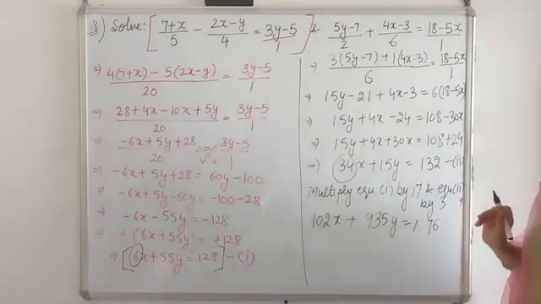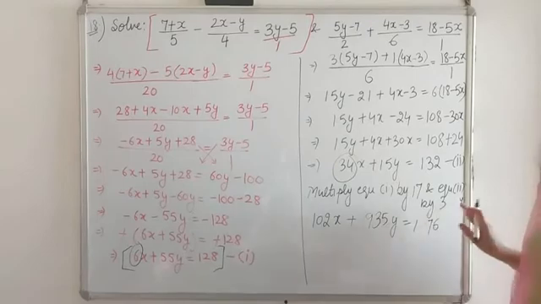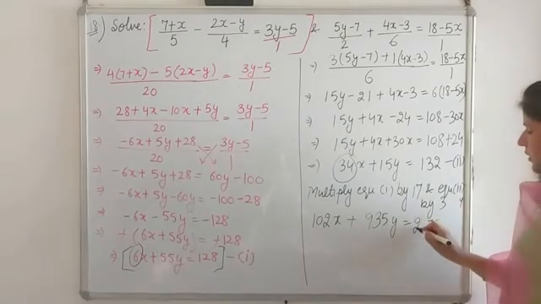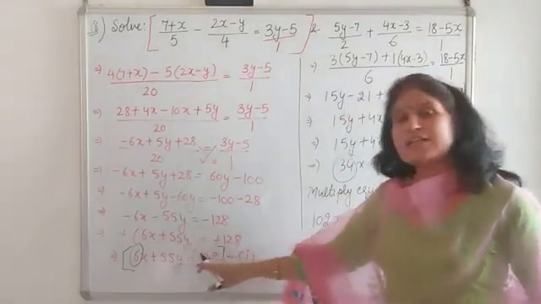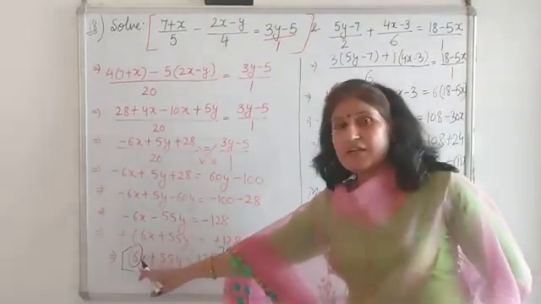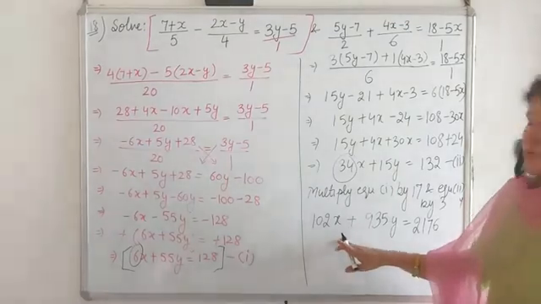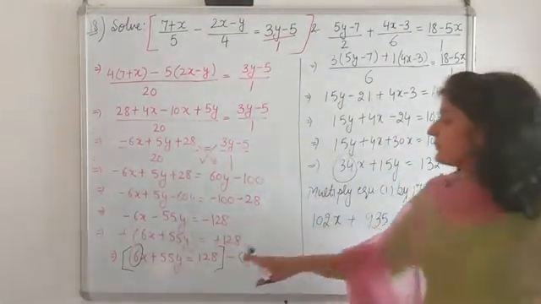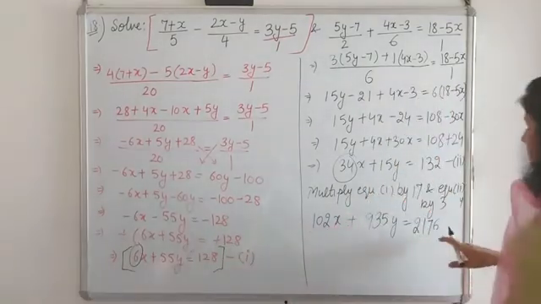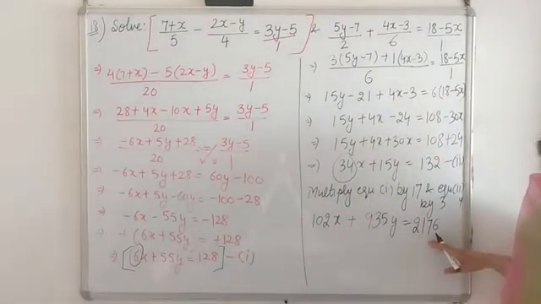I repeat, the full equation you have to multiply by 17. 17 into 6, 102. 17 into 55, 935. 17 into 128 is 2176.